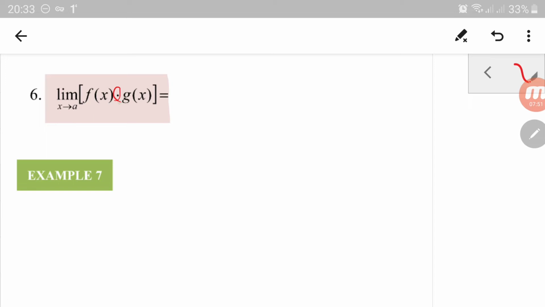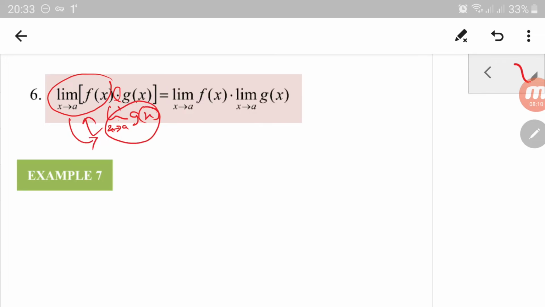This one is multiplication, f(x) multiplied by g(x). We can find the limit of f(x) first, then the limit of g(x), and then we multiply them. That's why we write something like this.